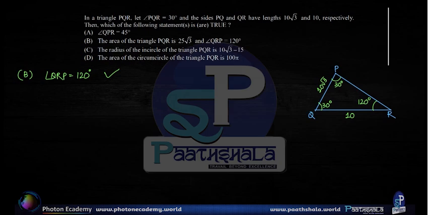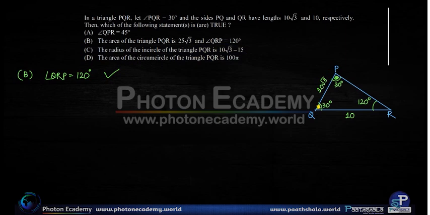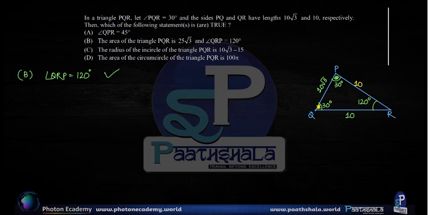We see that angle QPR, which is the green shaded angle, and angle PQR, which is the yellow shaded angle, are equal. That implies triangle PQR is an isosceles triangle and the length of PR is 10 because sides opposite to equal angles are equal.